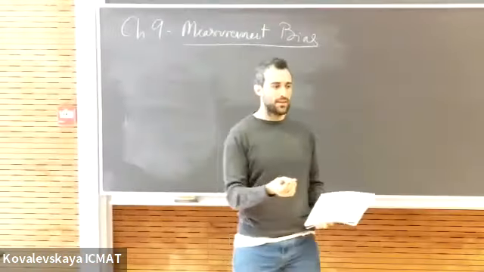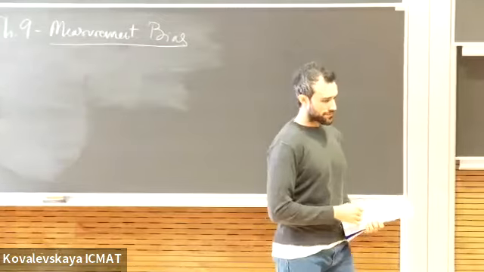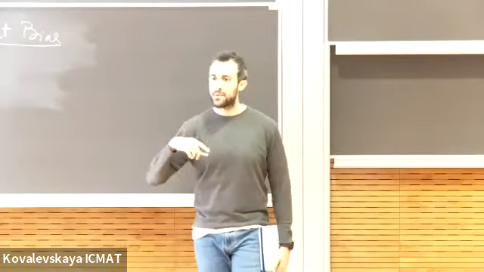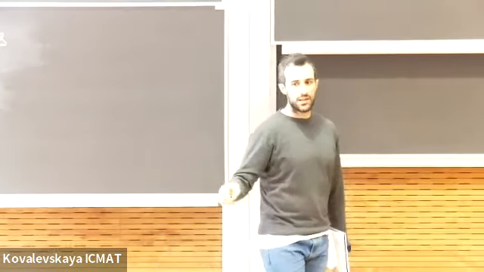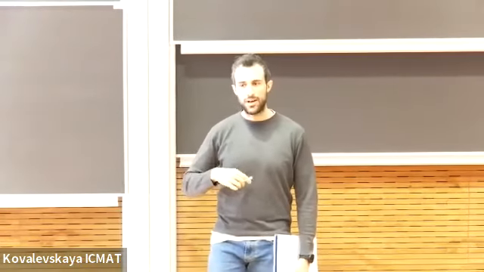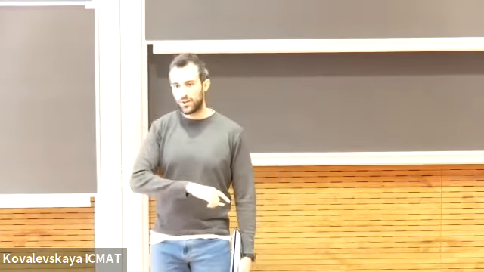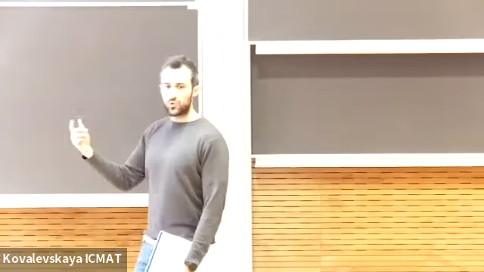So they begin the chapter with this example of the looking up experiment, where you're in the street and you record whenever you look up if the person walking beside you also looks up.